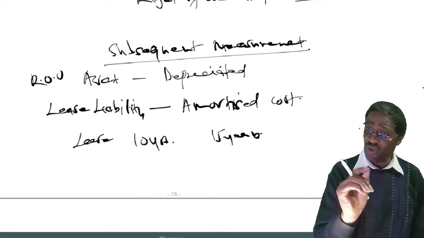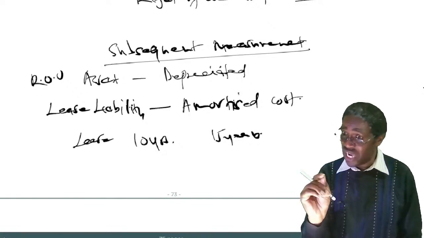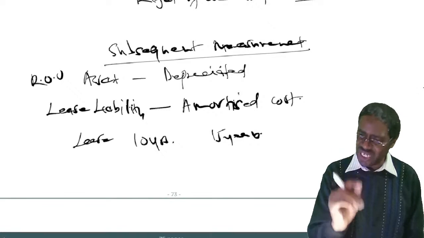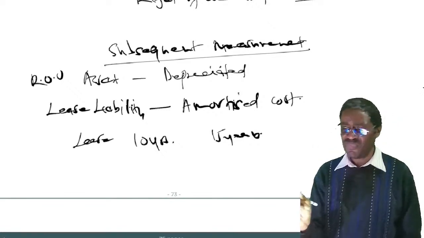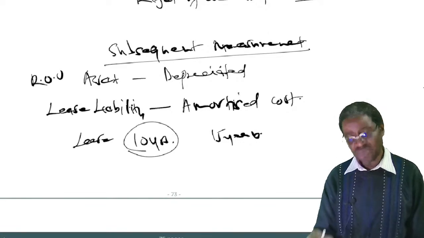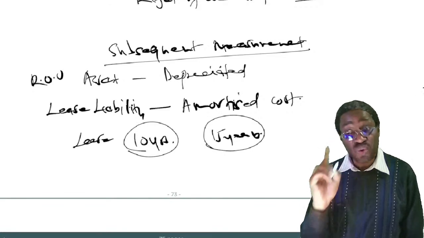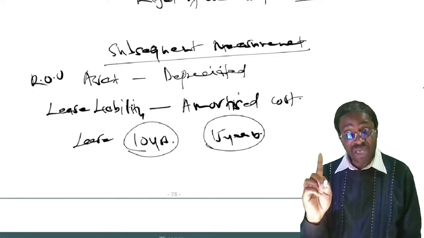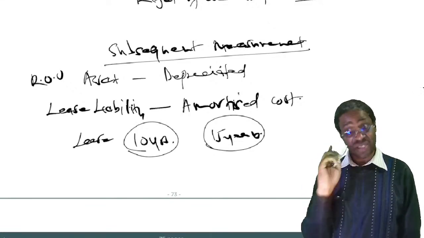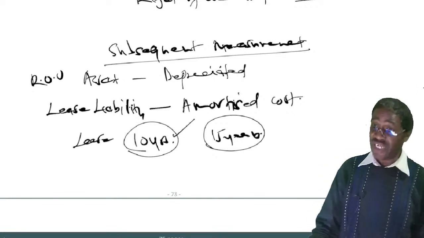Now, IFRS 16 says that it should be depreciated over the lower of the lease period and the useful life. Whichever of the two is lower. So here you will depreciate it over 10 years.